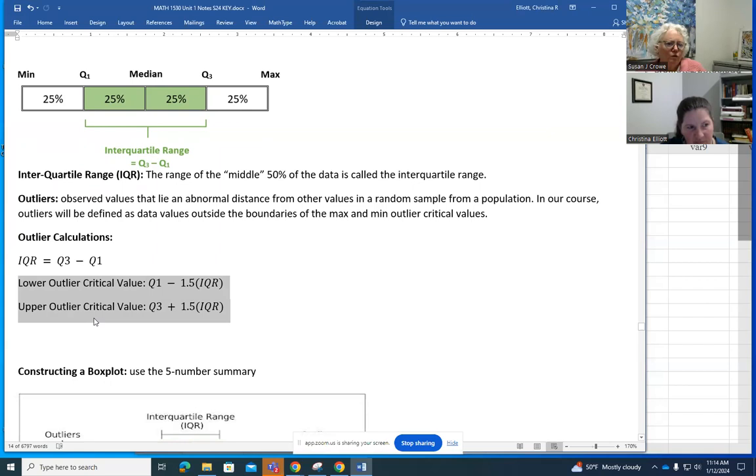If I take Q3 and add 1.5 times the interquartile range, that gives me a cutoff, and anything higher than that is considered an outlier.